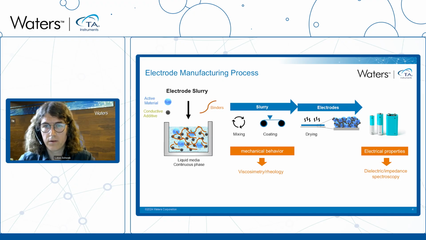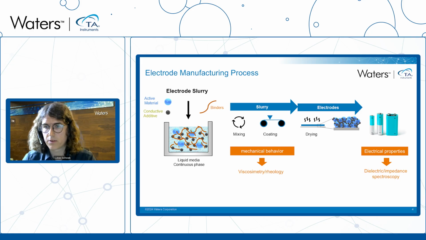The important analytics at the final stage for the battery are its electrical properties, because this is what the application is made for, so in the end this is one of the major points they must fulfill.